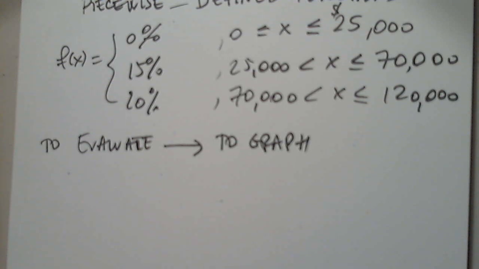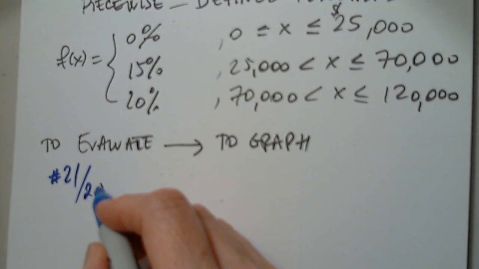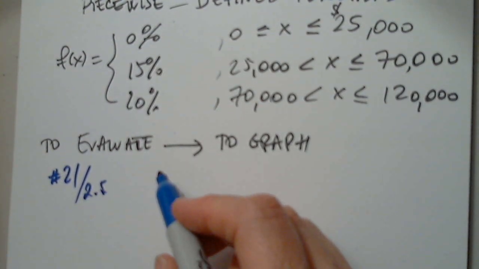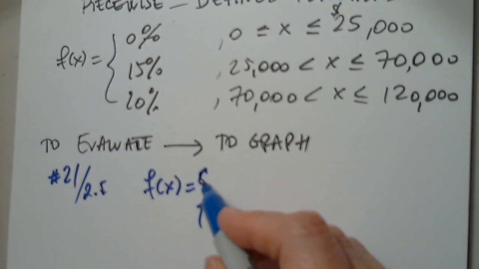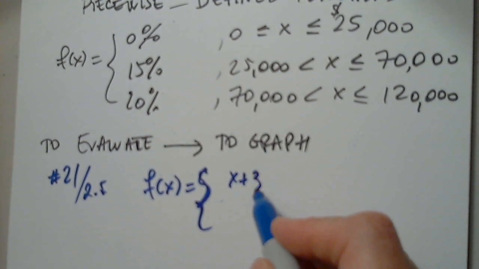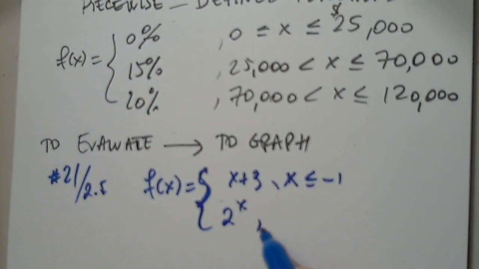A simple function like 21. So this is 21, and this is from section 2.5. I just copy the problem. f of x equals x plus 3 for x less than or equal to -1, and 2 to the x for x greater than -1. Disregard the rest. We only wanted to copy a piecewise defined function.